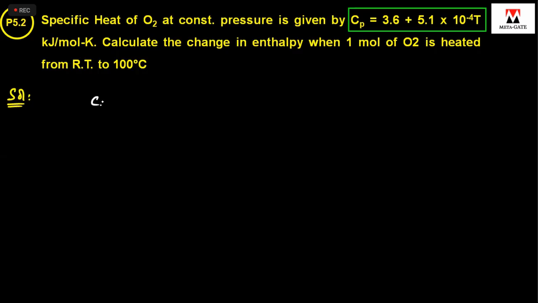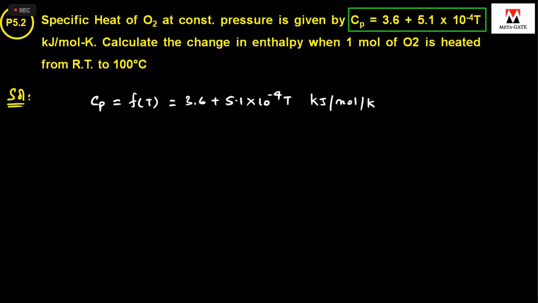Cp is now a function of temperature. It's very clearly given that 3.6 plus 5.1 into 10 power minus 4 T. Units are very, very important. Kilojoule per mole per Kelvin.